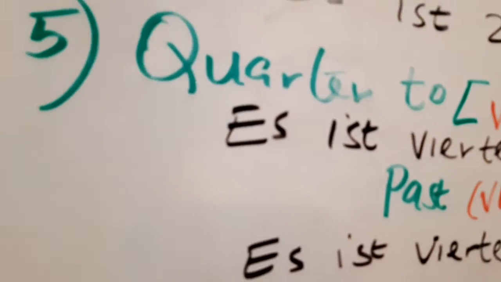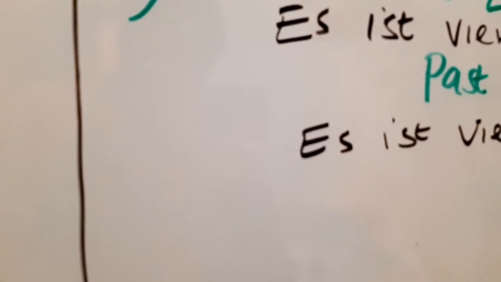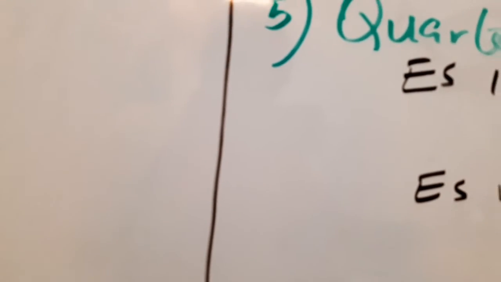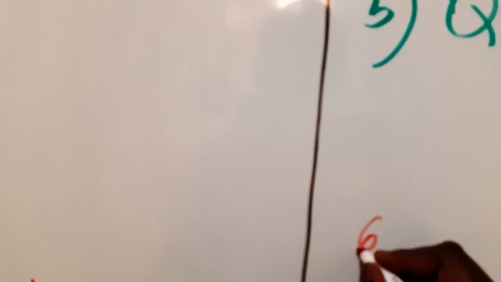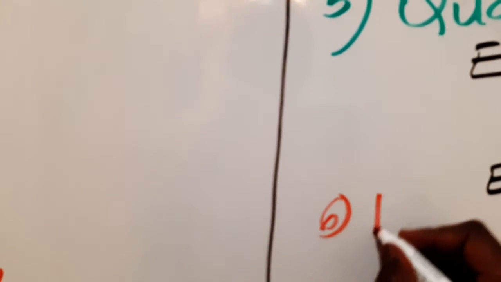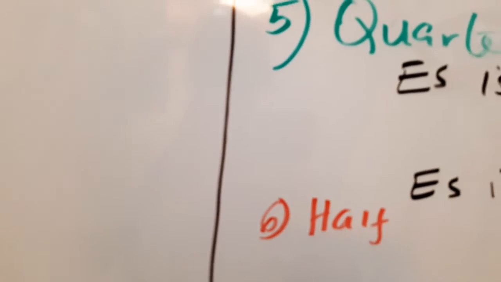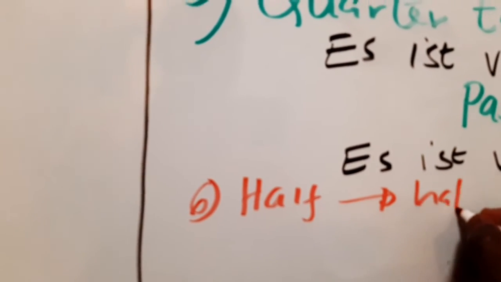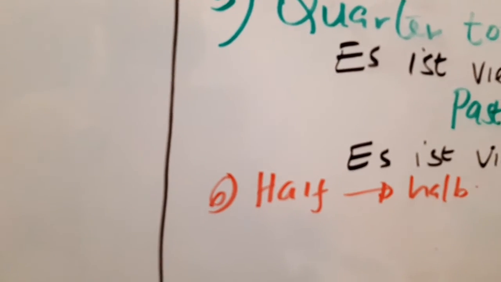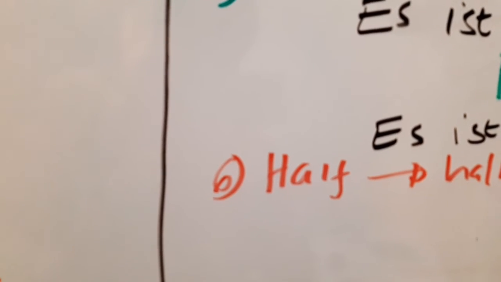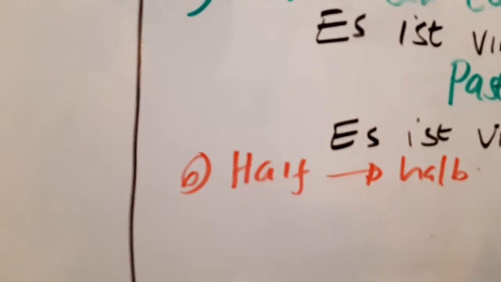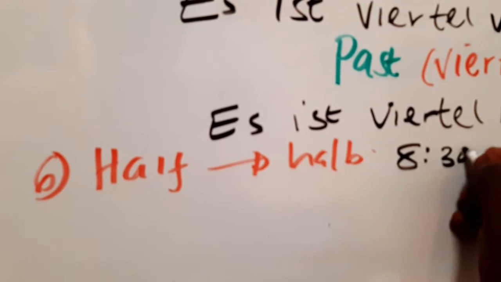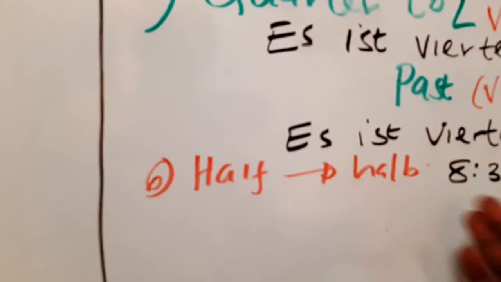Now if you want to say it's half past, for example, that is number 6, if you want to use half, we use halb. Here we use halb. So for example, if you want to say, let's say 8:30, so it's 8:30.